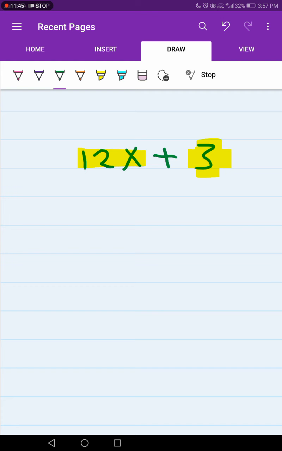You have to find the common factor between 12x and 3. I know that the 12 comes from 3 multiplied by 4, and the 3 comes from 1 multiplied by 3. Do you find any common between here and here? Yes, the 3 is the common. Because the 3 is the common here, I write it outside the parentheses.